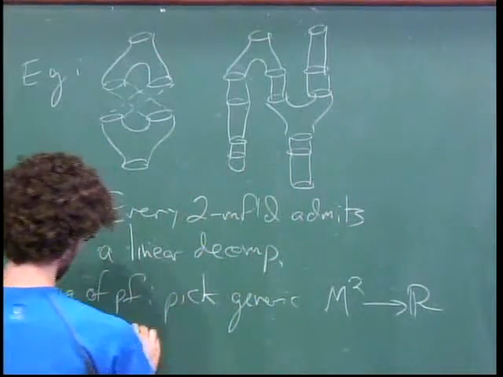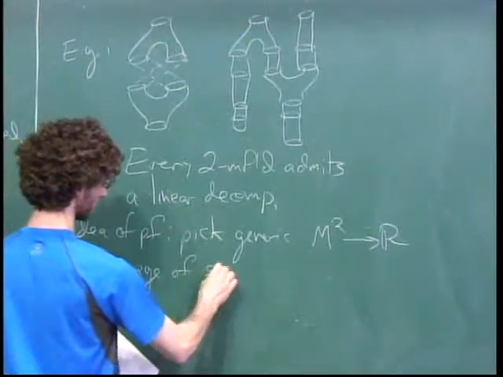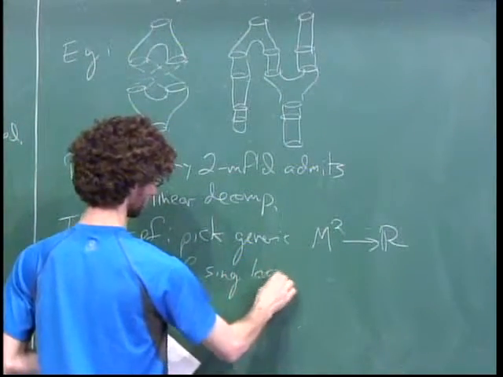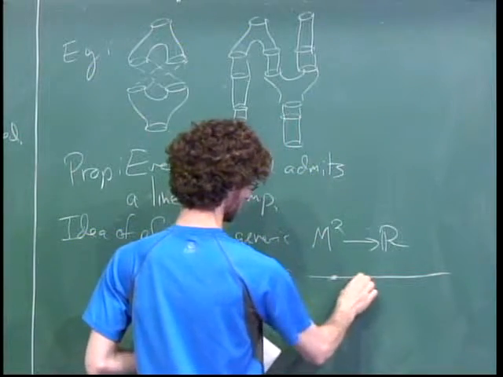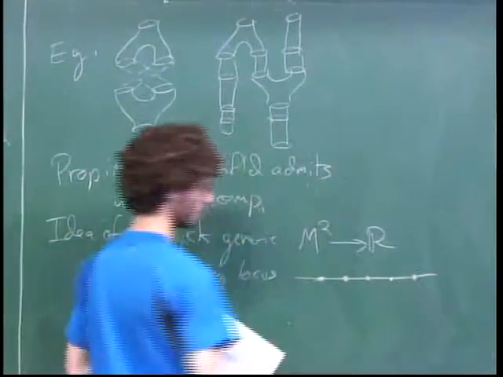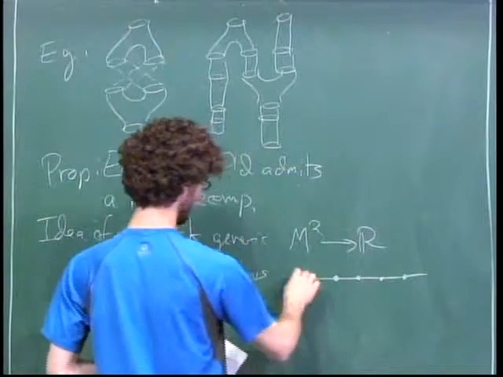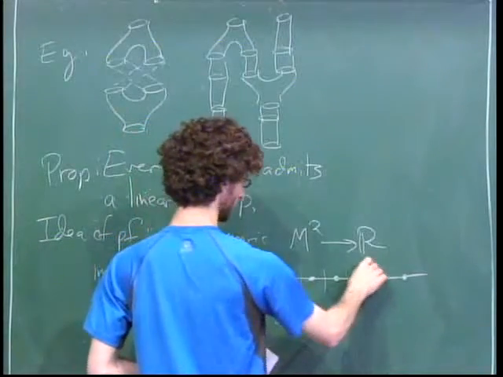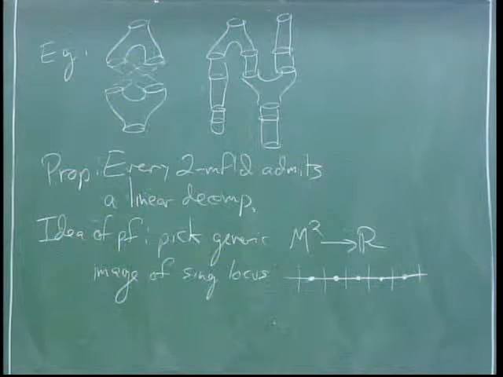And so then the image of the singular locus looks like the following. I have a bunch of isolated critical points, and I arrange them so that they all map to different points in R. And then what can I do? I can chop up my surface into these little bits and look at the pre-images of these bits.